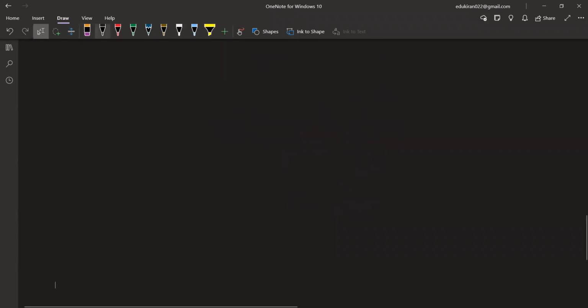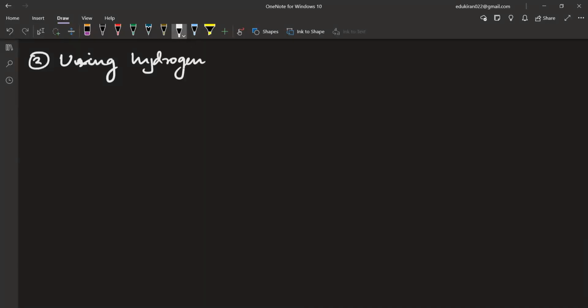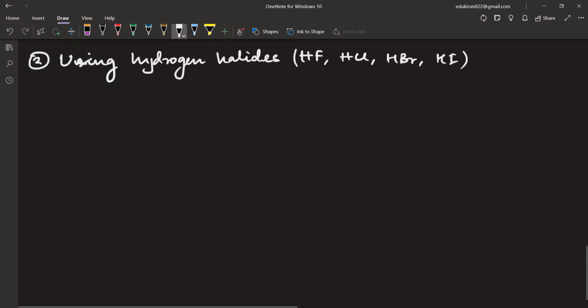Okay. So the second reagent that we use is, first was halogen. Now we are using hydrogen halides. Hydrogen halide is HF, HCl, HBr, HI. So all of these are hydrogen halides. Please write with me.